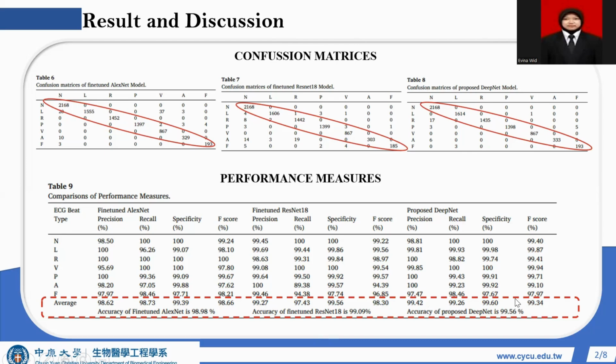And for the accuracy, the accuracy for DeepNet is the highest at 99.56. ResNet is just 99.07, and AlexNet is just 98.98. So overall, in the confusion matrix and performance measures, we know that the proposed model DeepNet is very good. It's higher than ResNet and AlexNet.